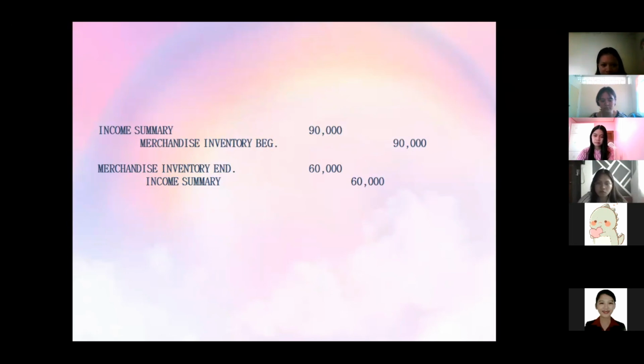Merchandise inventory ending 60,000 for debit, and income summary 60,000 for credit.